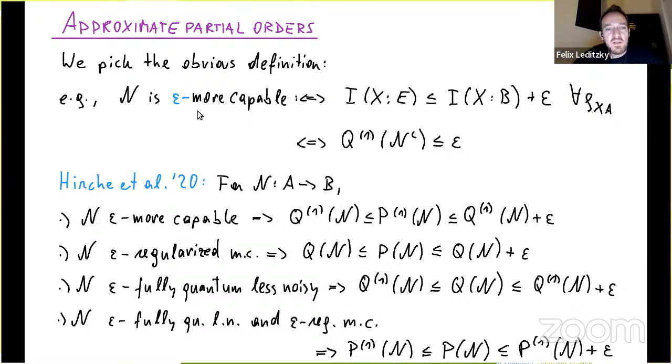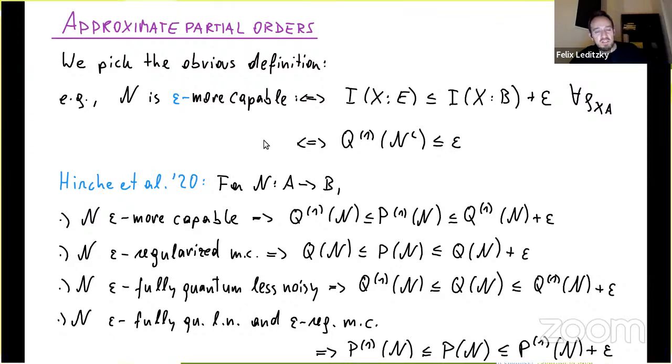So, for example, we call the channel epsilon more capable if this mutual information inequality is only violated up to a certain epsilon. Okay, and alternatively, you can say that the channel information of the complementary channel can be positive, but not too big. Okay, so it's bounded by this epsilon.